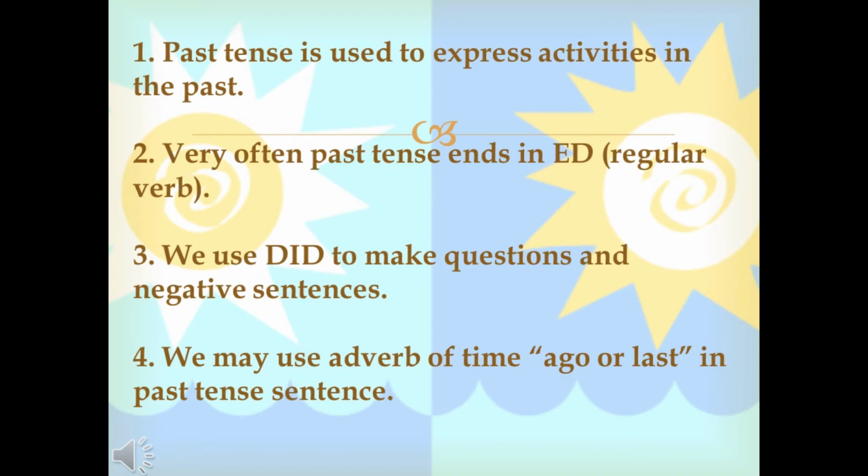Past tense is used to express activities in the past. Number 2. Very often, past tense ends in ed for regular verbs. Number 3. We use did to make questions and negative sentences. Number 4. We may use the adverbs of time ago or last in a past tense sentence.